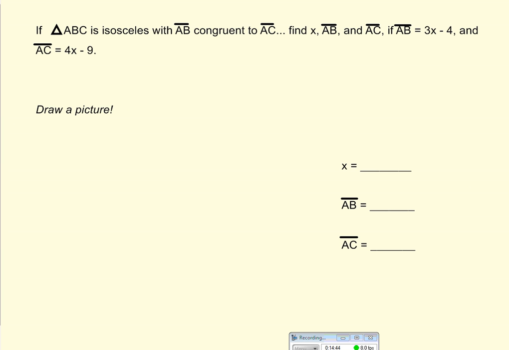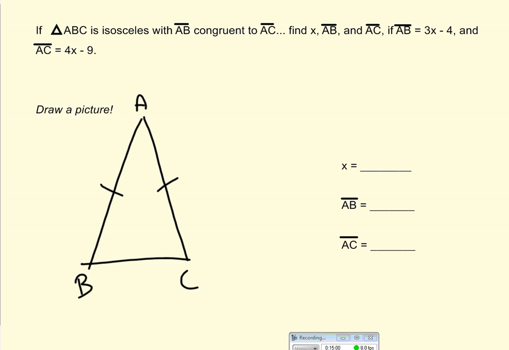ABC is isosceles with AB congruent to AC. Find x, AB, and AC if AB equals 3x minus 4 and AC equals 4x minus 9. I realize I went through that very quickly. Triangle ABC is isosceles, AB is congruent to AC. AB is 3x minus 4, AC is 4x minus 9.